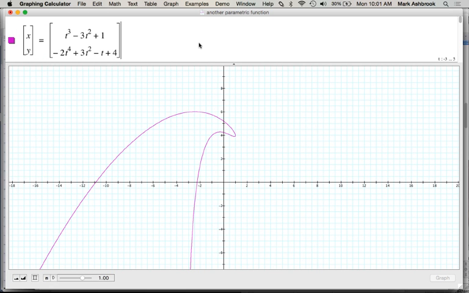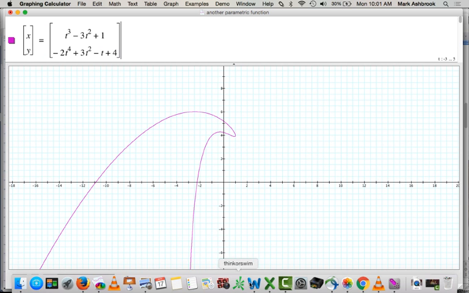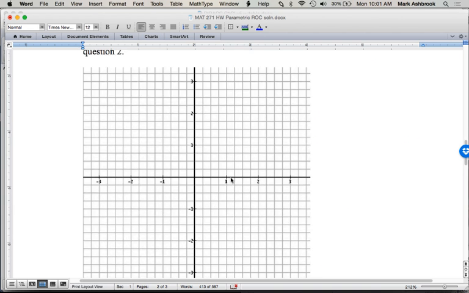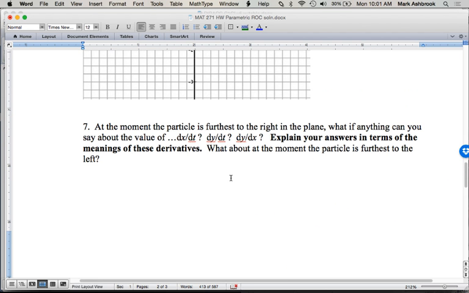So it's just the right difficulty. Okay, so let's go back to this one. Okay, so here's this next question on your homework: when the particle is furthest to the right in the plane, what, if anything, can you say about these three derivatives?